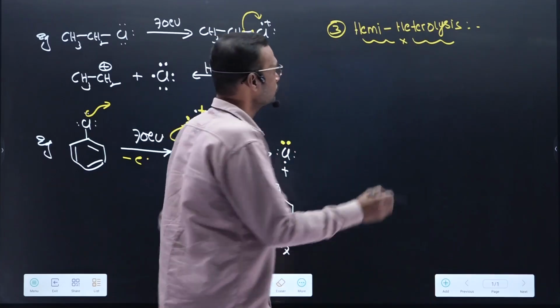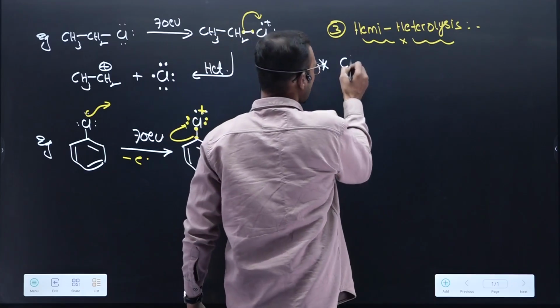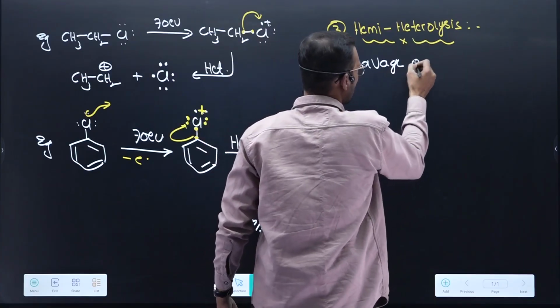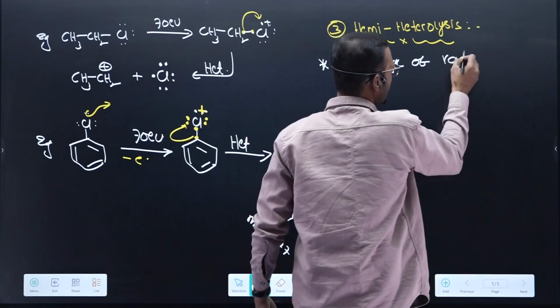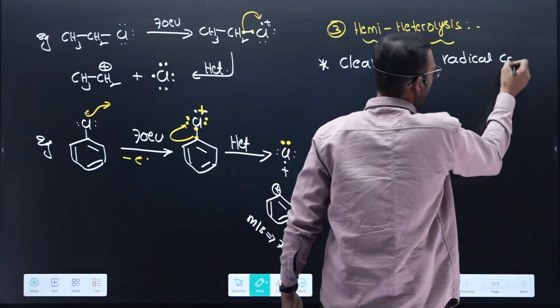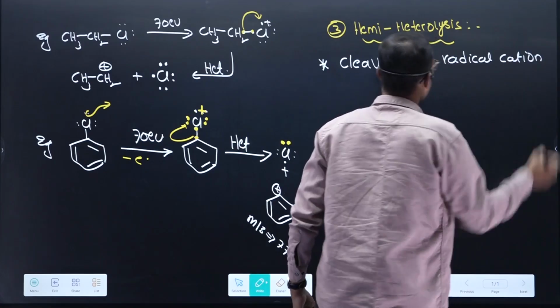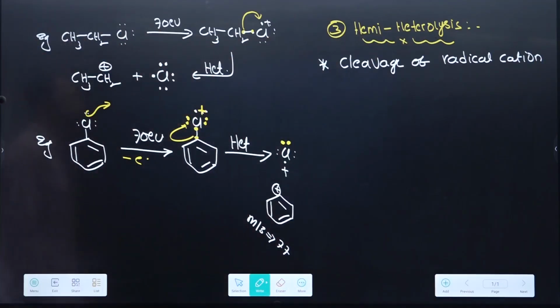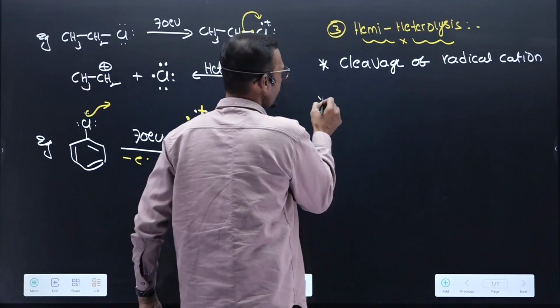Clear? Right. So here, cleavage of a radical cation is called hemi-heterolysis.